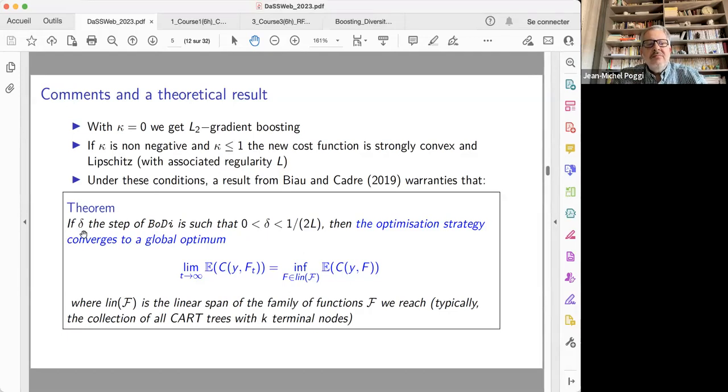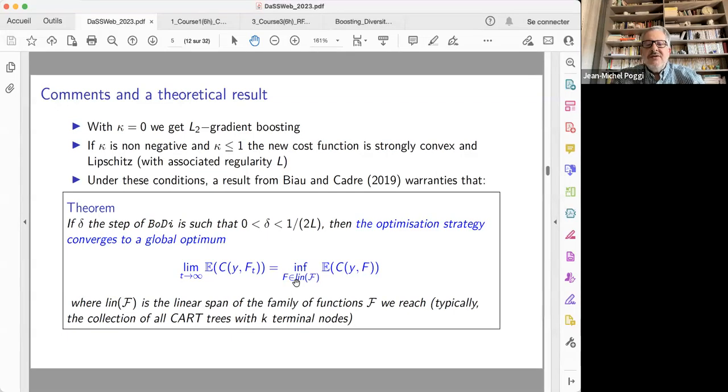So on a condition on delta, the optimization strategy converges to a global minimum in the sense that the limit when t goes to infinity, that is, the number of steps of the algorithm goes to infinity, of the expectation of the cost is reaching the infimum over lin F, where lin F denotes the linear span of the family of functions.